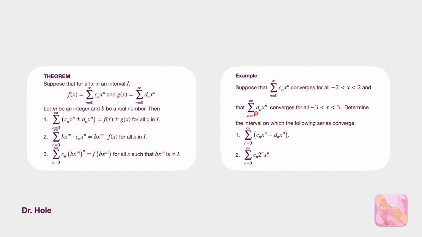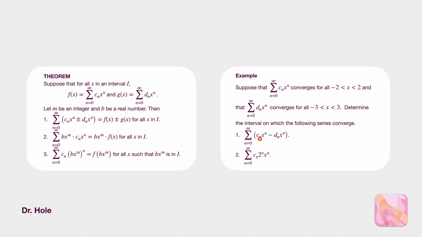Likewise, we have a second power series given by a sequence of d_n's, where the power series represents a finite number, provided that the value of x is taken between -3 and 3.